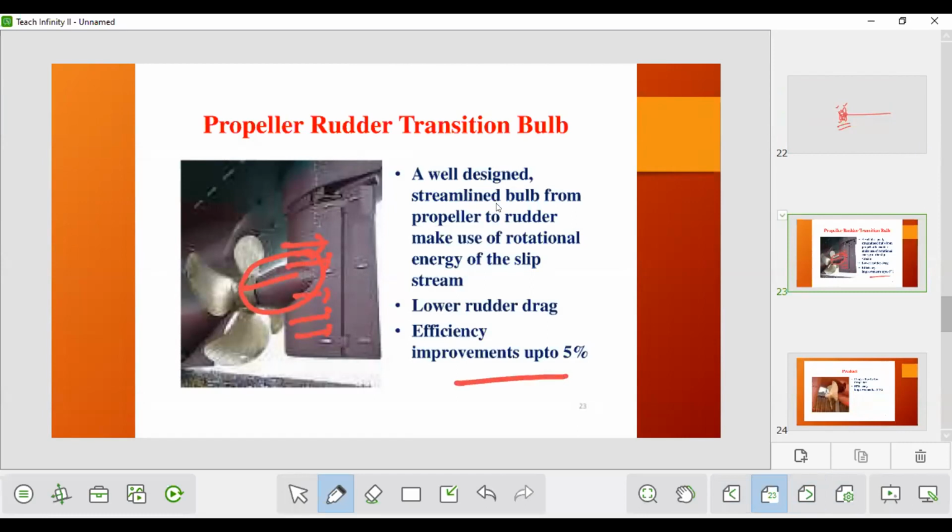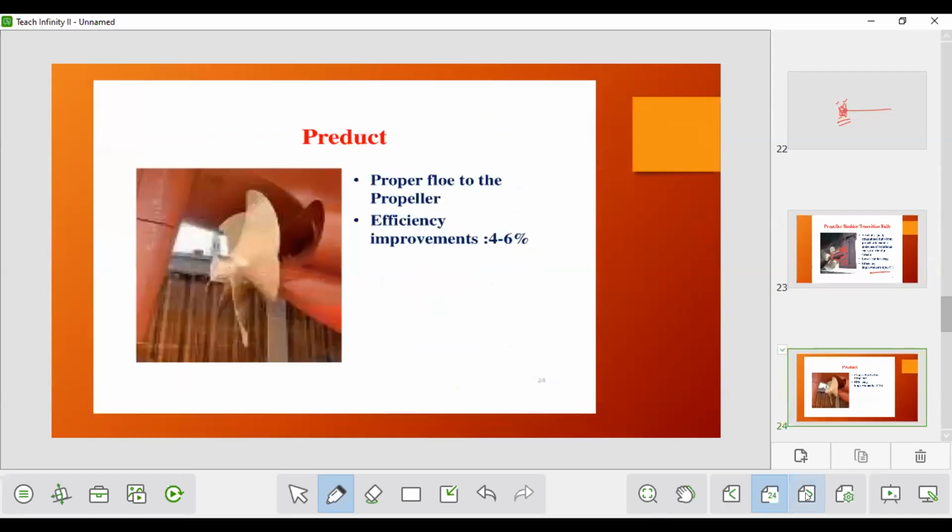A well-designed streamlined bulb from propeller to rudder makes use of the rotational energy of the slipstream and gives more efficiency. These are all proven technologies, and you can find them in the literature, from which I have taken them. Another thing is the pre-ducts, which also improve the flow onto the propeller, again improving propeller efficiency.